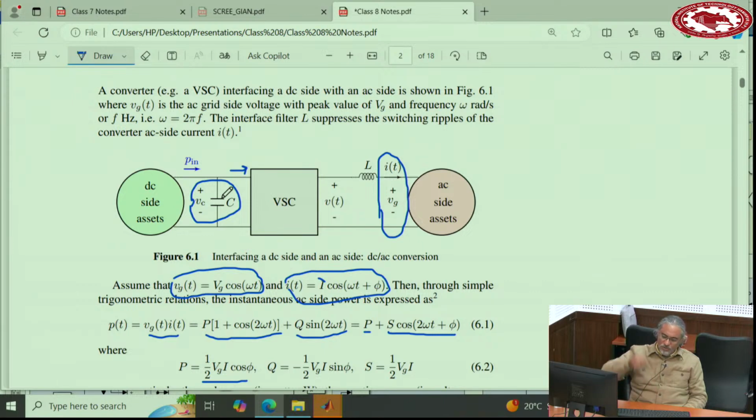So there will be large oscillations across the PV. I cannot do maximum power point tracking very well. And even if I try to do it, there will be a lot of oscillation of power. So that's not a good scenario. Can I decouple these oscillations from going across the PV panels? I have these oscillations, but I decouple them from going across the PV panels.